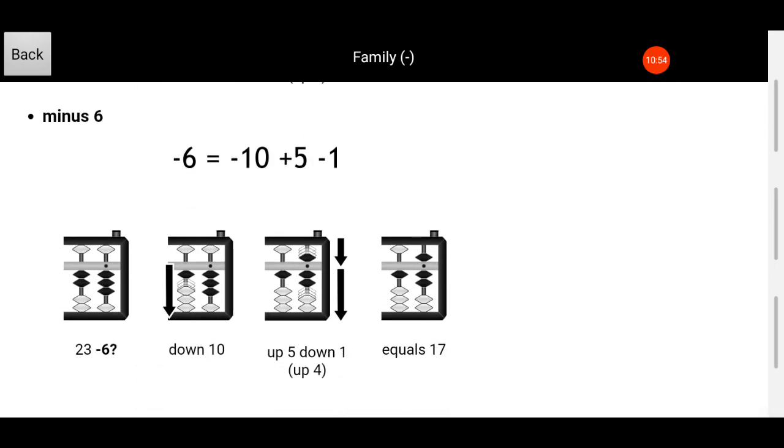Then 23 minus 6. How to do? First, down 10, then up 5, down 1, up 4 is equal to 17.